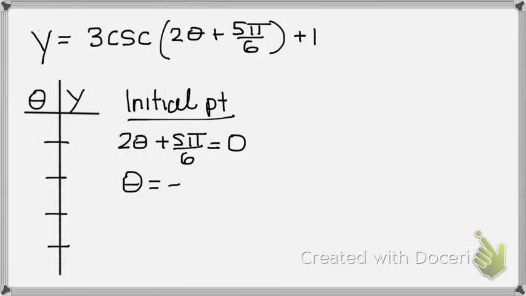So let's see what we have here. We have negative 5 pi over 6, and then times 1/2, right? When I divide by 2, that's like multiplying by 1/2. So that's going to give us negative 5 over 12 for our initial point. Negative 5 pi over 12. And that'll give us our initial point.